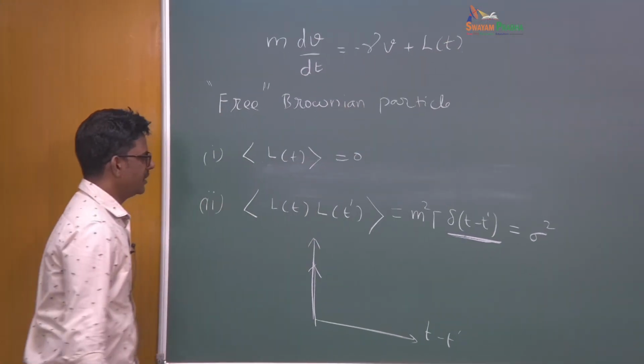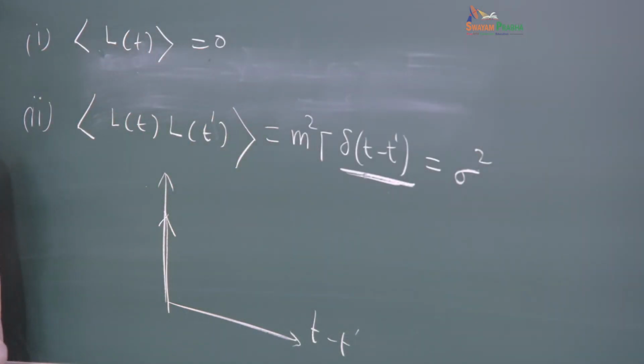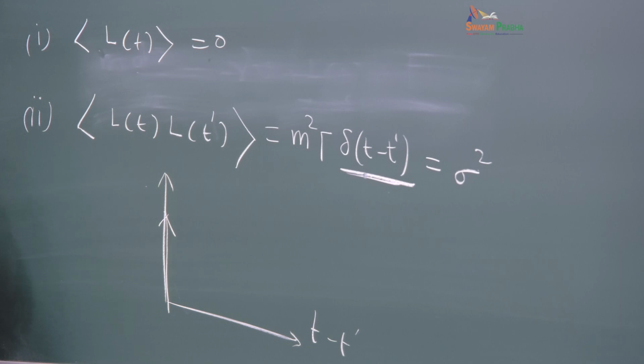What we can think of is this having a 0 mean and finite variance, and we can also show that this L of t is nothing but a normal Gaussian random variable.